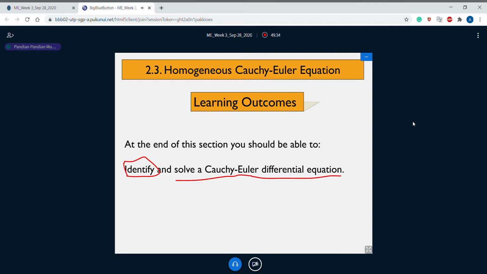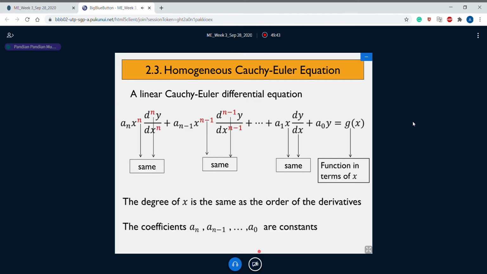So first, we want to introduce Cauchy-Euler. This is a very long equation, the linear Cauchy-Euler differential equation. Homogeneous meaning your g(x) is 0. Later we will put 0, because we start with the general equation.